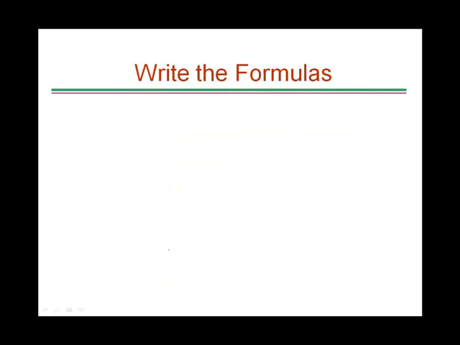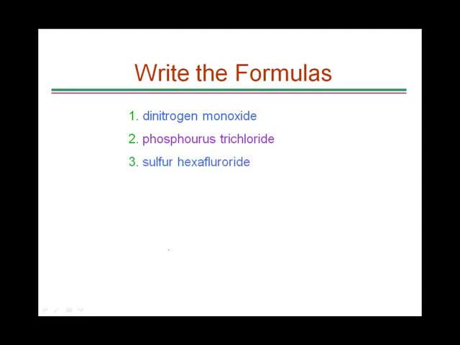Now, what I want you to do is I want you to be able to, given the name, give me the formula. So here's the first one. Dinitrogen monoxide. Phosphorus trichloride. Sulfur hexafluoride. Carbon disulfide.